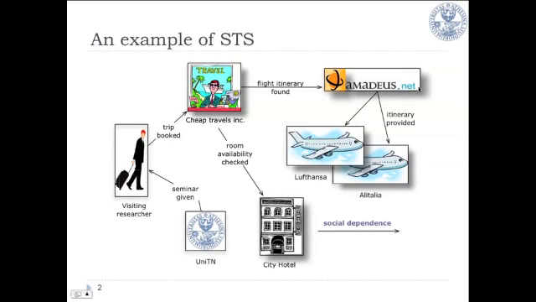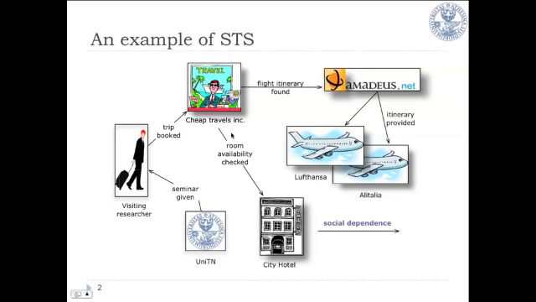And the Amadeus flight service, on the other hand, deals with different airline companies in order to find the appropriate itinerary and to find one that can be affordable, or let's say a low-cost one perhaps. In this scenario, I've considered that the Amadeus flight service interacts with the Lufthansa and Alitalia airline company services in order to provide an itinerary to the researcher.